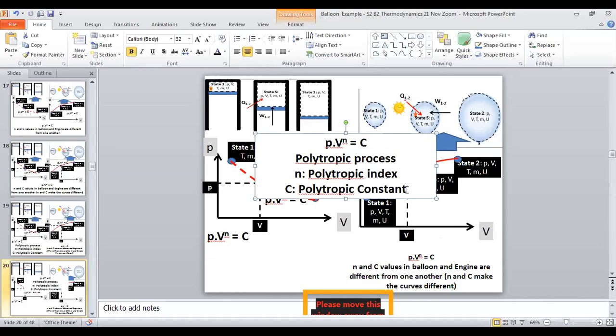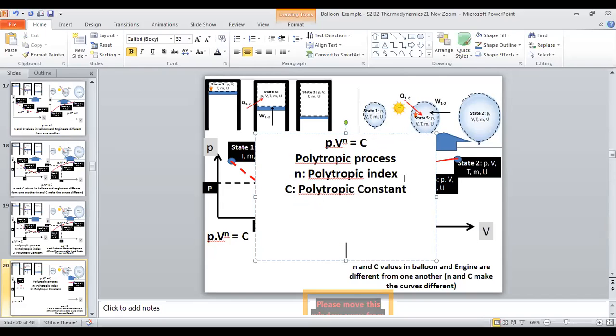Polytropic process. So there are special situations when, here you are considering only n equals, let's say, 1.